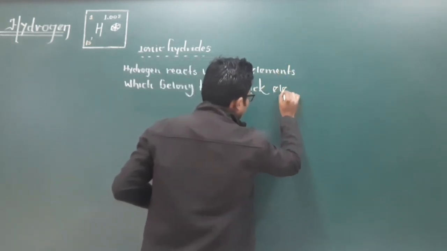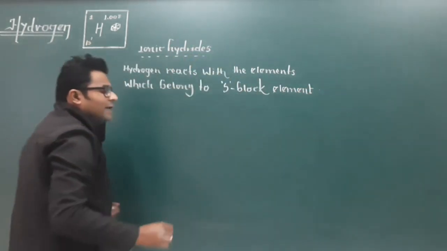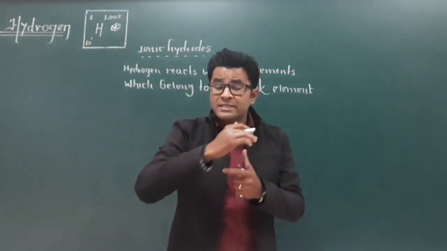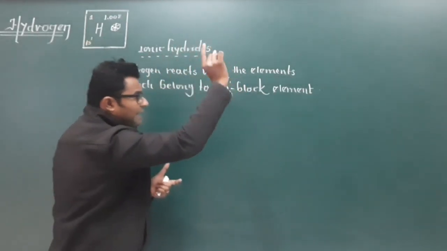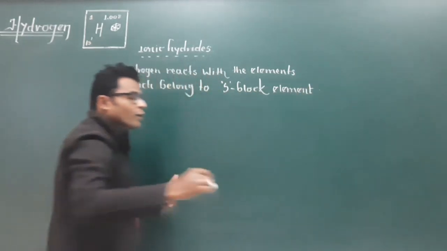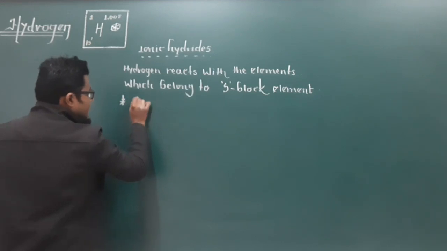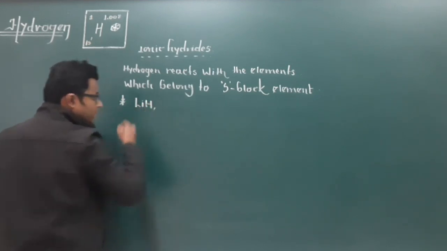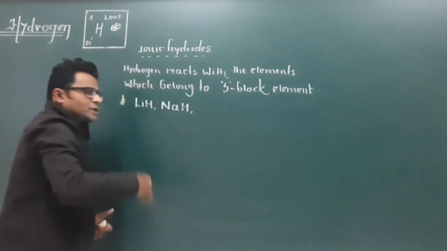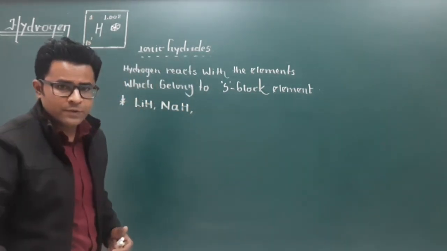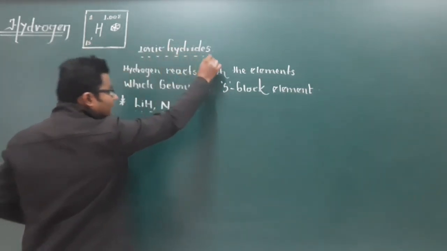So saline hydrides are the hydrides formed when hydrogen reacts with any element which belongs to the S block. For example, lithium hydride, sodium hydride, and potassium hydride also. Such kinds of hydrides are called ionic hydrides.